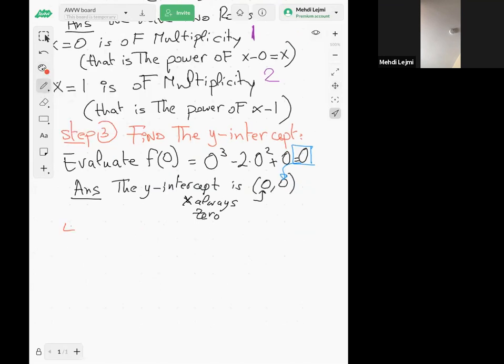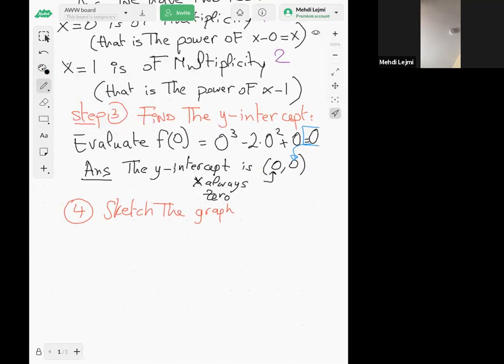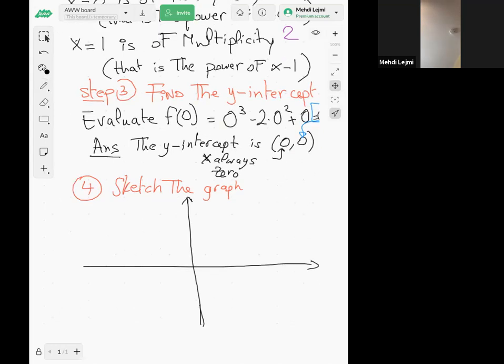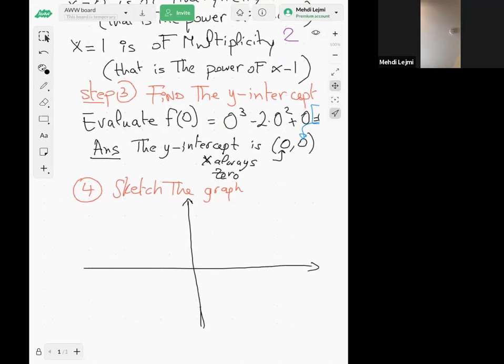Step 4. So I'm going to sketch the graph. First, I have the behavior of f of x at infinity, right?